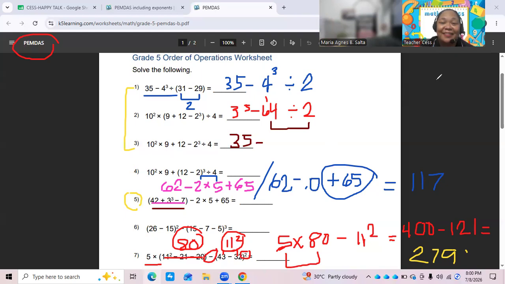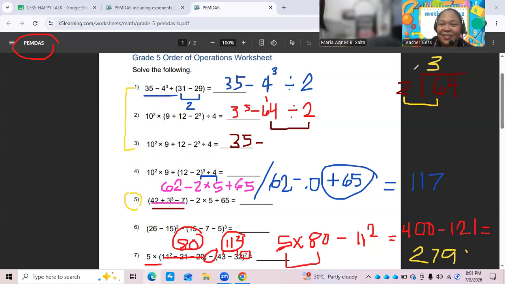Just divide. 64 divided by 2. How many 2s do we have in 6? 6 divided by 2 is 3. So the answer is 32.